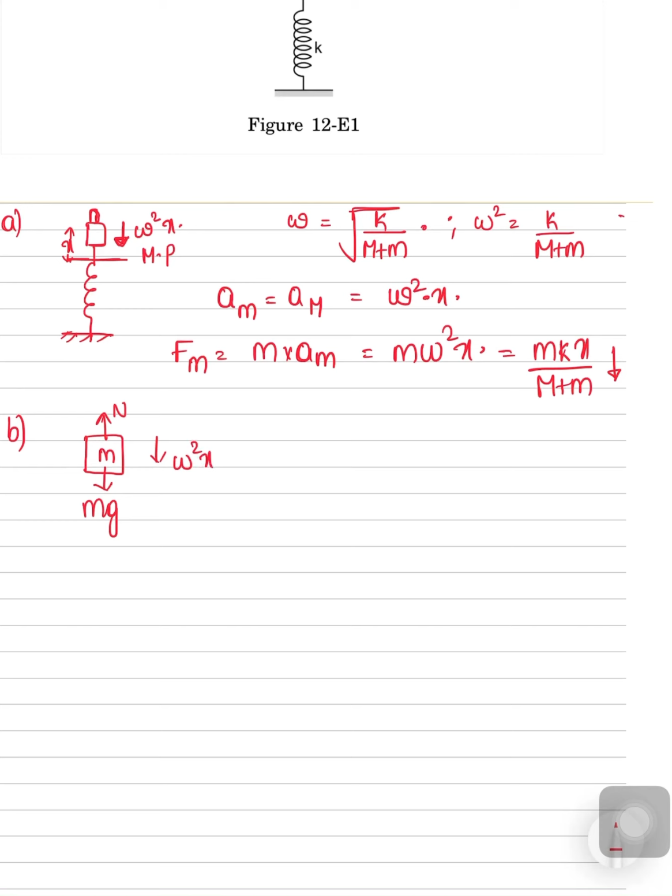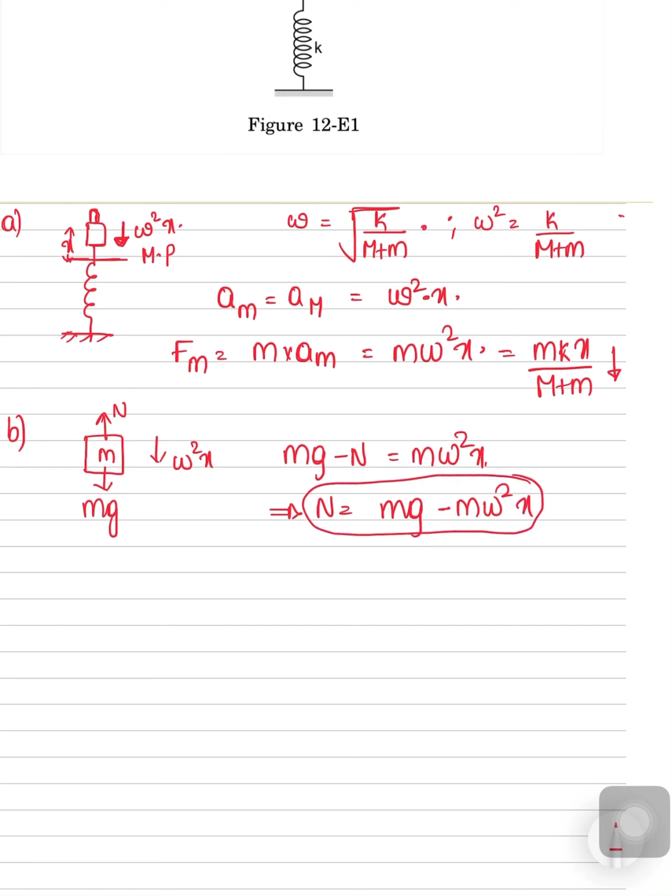Now if I write the force equation, you will get mg minus N is equal to m omega square into x, which implies N will be equal to mg minus m omega square x. So this is the expression for N. Here the only thing which can be varied is x.